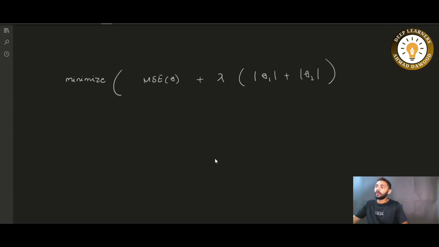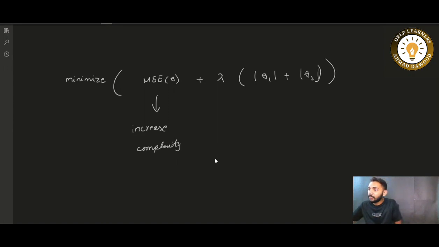Now you can see this factor will increase the complexity of your model, because minimizing the mean square error will reduce the difference between actual and predicted values, and you can fall into some sort of complex model.